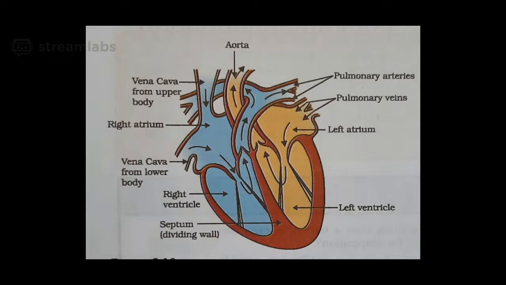So, the heart and the lungs play a very important role in the exchange of pure and impure blood. Now let me see how the pure and impure blood is collected in the heart.